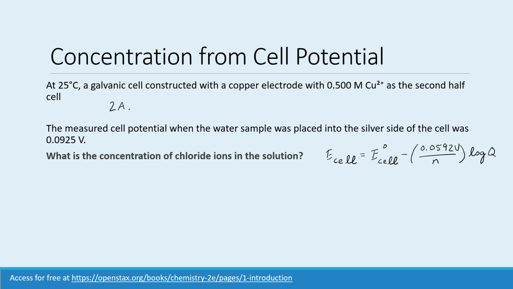Okay, so I'm taking those two half reactions that was given in the problem and rewriting it so that we have that entire redox reaction. 2 silver solid plus the copper 2+ ion plus the 2 chloride ions.